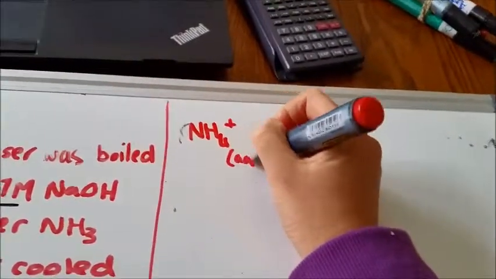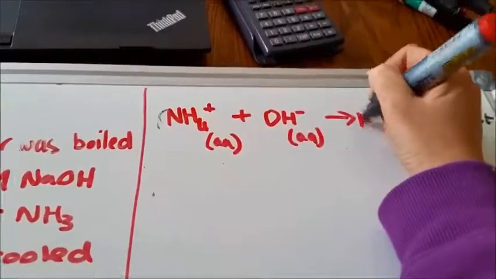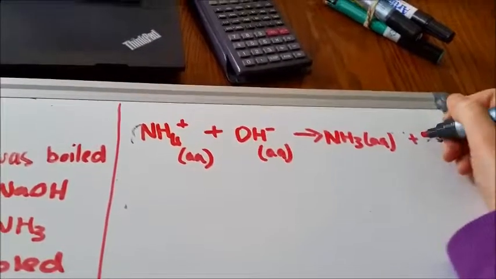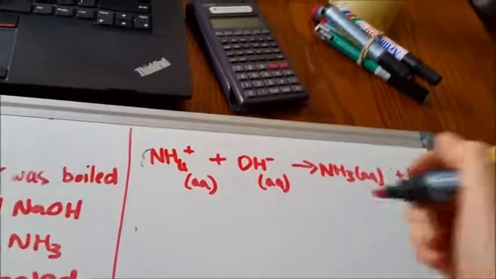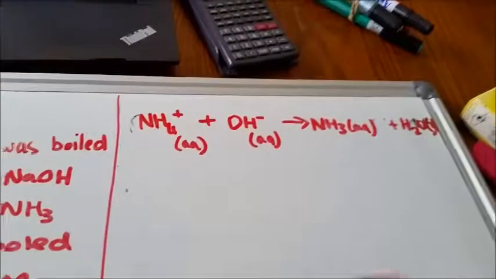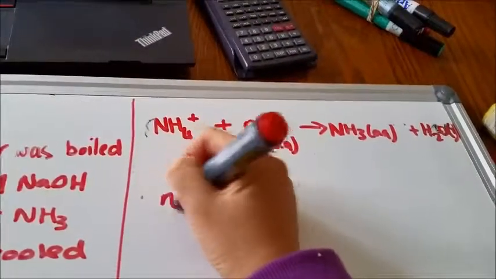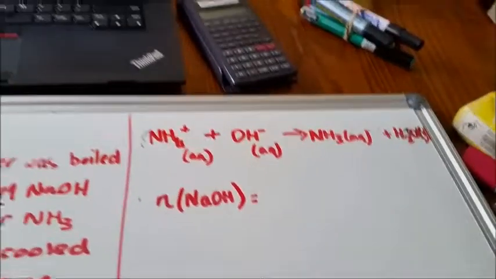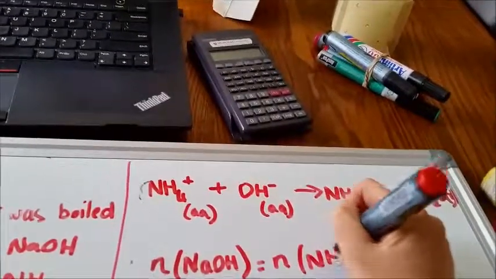And of course, we want to include states. Running out of room. Okay, beautiful. Now we can see here that we've got a one-to-one relationship. Therefore, what we can say is our amount of sodium hydroxide, which we've established here as the amount reacting, is going to be equal to the amount of mole of our NH4+.